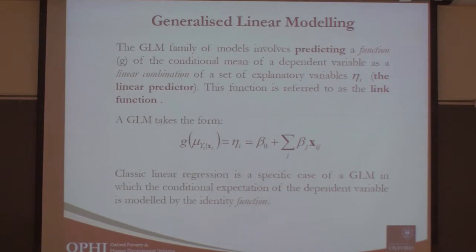The second difference is that we are modeling a function of the conditional expectation instead of the conditional expectation itself. Clearly, the linear model is a specific case of this generalized linear model, where G is the identity function and the disturbance is normally distributed. Okay? Is this clear? Yes?